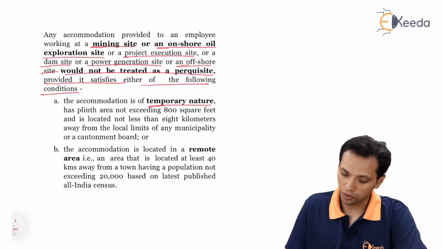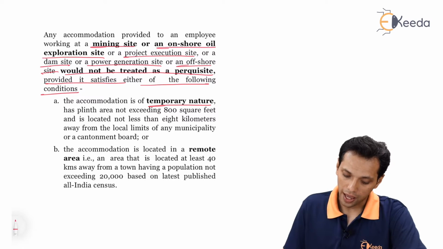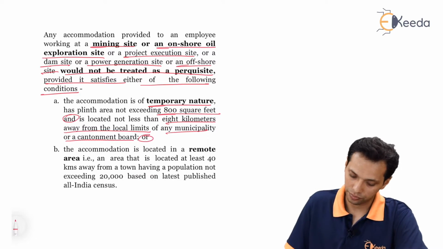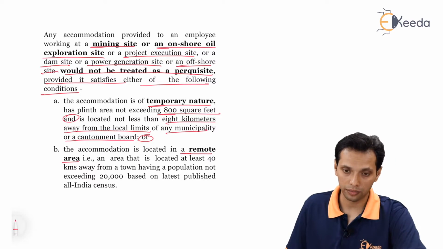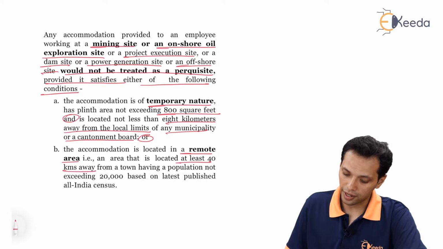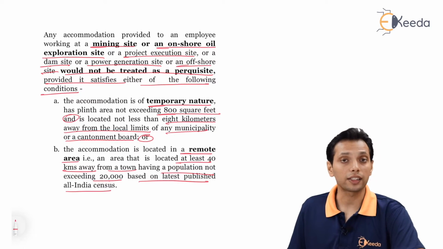The accommodation is of temporary nature, has plinth area not exceeding 800 square feet, and is located not less than 8 kilometers away from the local limits of any municipality or cantonment board, or the accommodation is located in a remote area, that is an area that is located at least 40 kilometers away from a town having a population not exceeding 20,000 based on the latest published All India census.